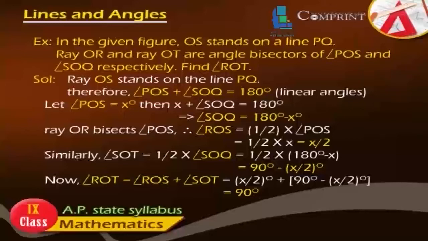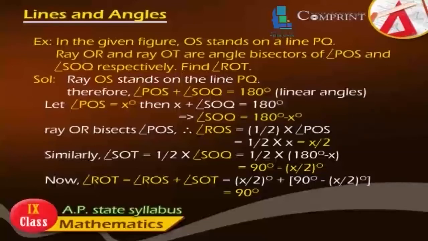Therefore, angle ROS is equal to 1 by 2 into angle POS equal to 1 by 2 into x is equal to x by 2. Similarly, angle SOT is equal to 1 by 2 into angle SOQ equal to 1 by 2 into (180 degrees minus x) equal to 90 degrees minus x by 2 degrees.